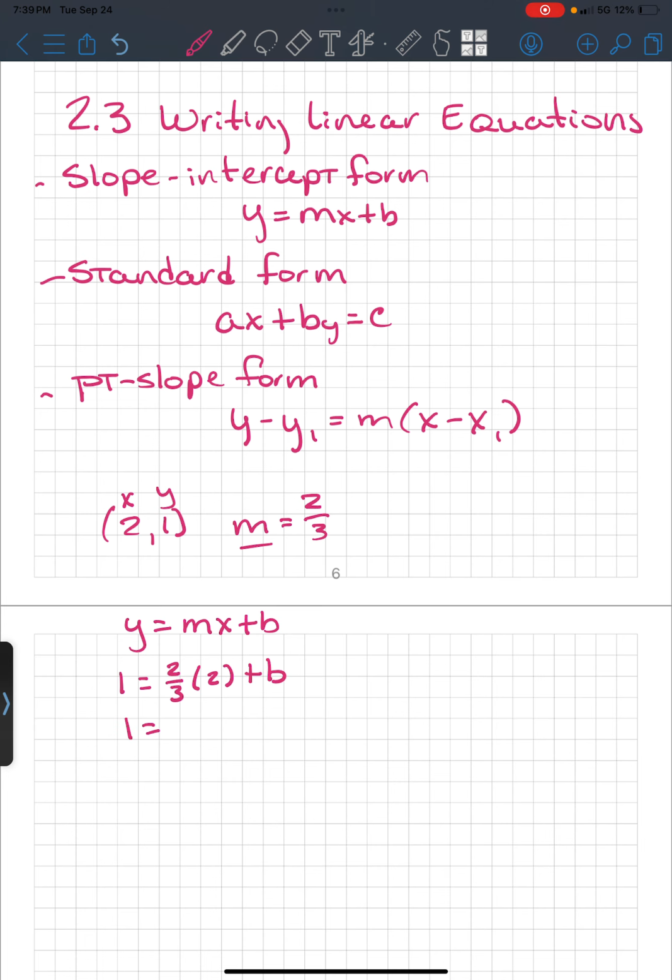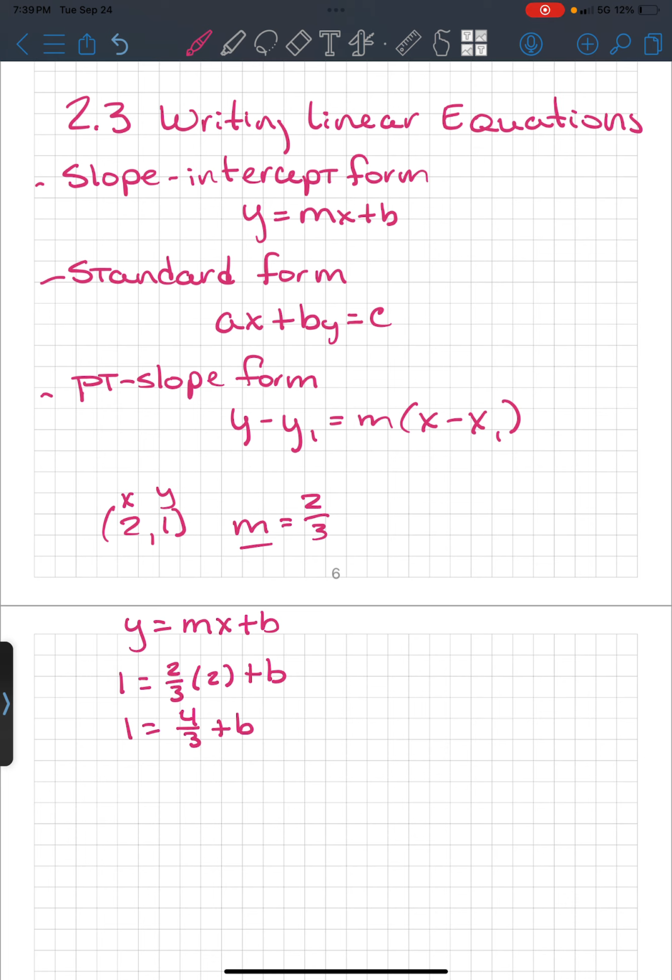So 2/3 times 2 is 4/3 plus b. When I want to get rid of a fraction in my equation, because I don't want to go, oh, that's a decimal, we're not going to do that.